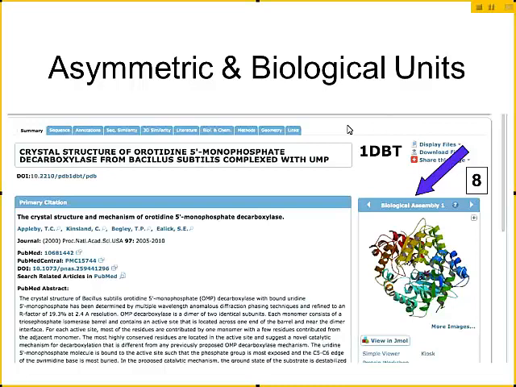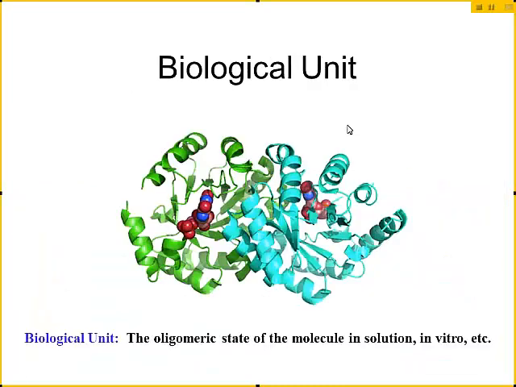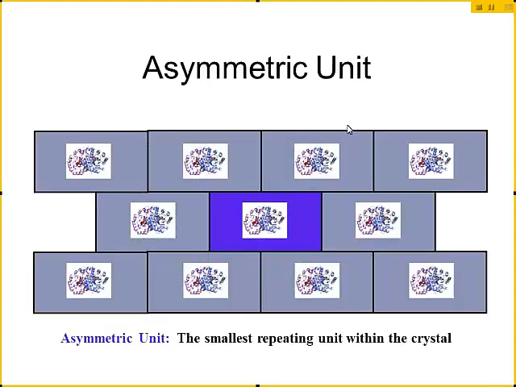Most of the time what you're interested in is the biological unit. And the question is, what's the difference between the asymmetric unit and the biological unit? The biological unit is the oligomeric state of the molecule. It's in solution, in vitro. So I want to know what that molecule looks like in my test tube, in an aqueous solution.